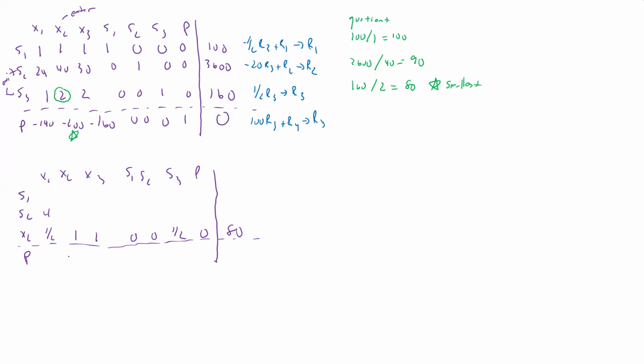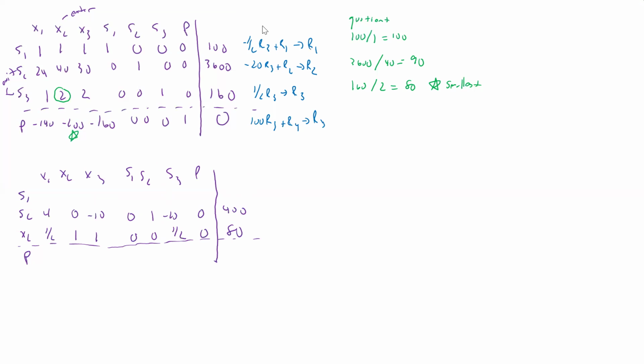And -20 plus that, that better give us a 0. And -20 times that gives us a -10. And then 0, and then just a 1, and a -20, and a 0, and then 2, 4. So it looks like 400.